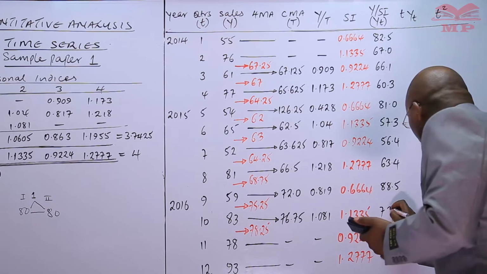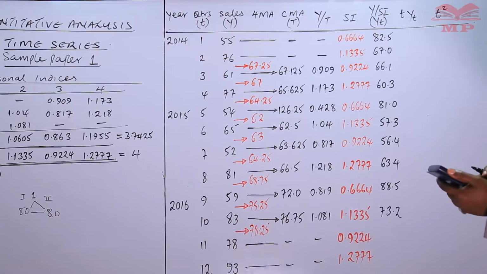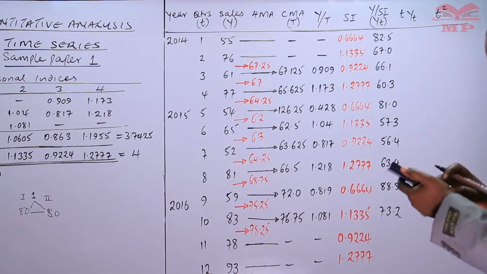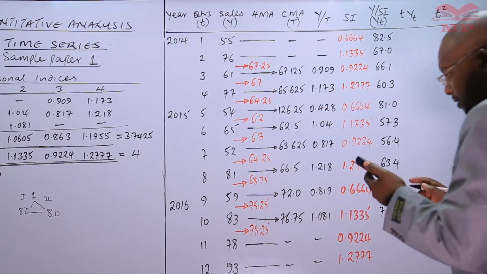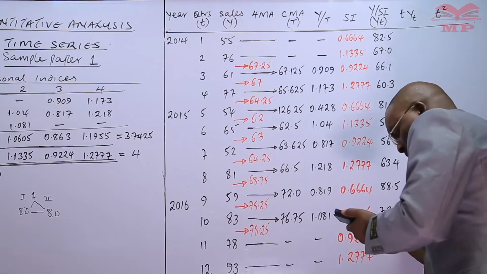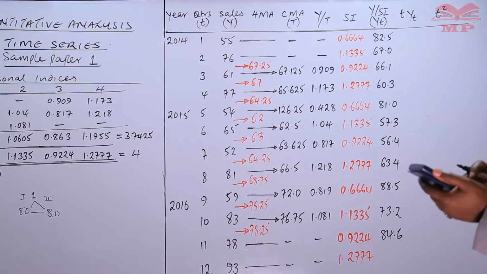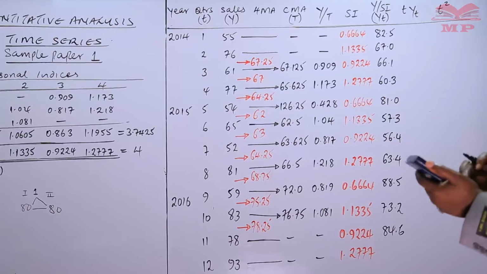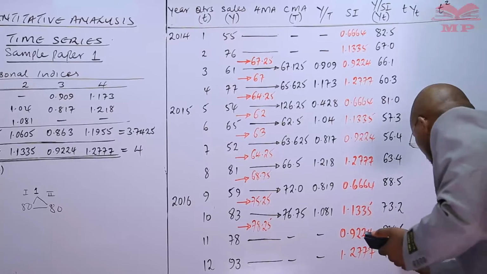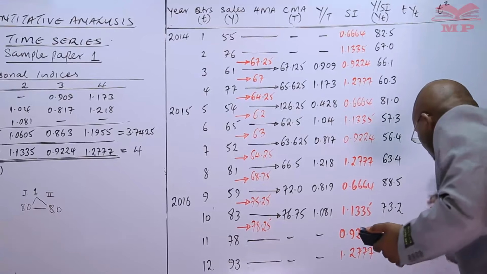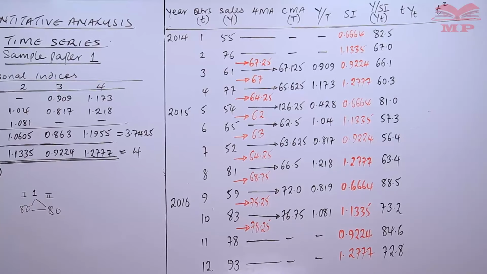This gives us 73.2. 78 divided by 0.9224. This is 84.6. And lastly, 93 divided by 1.2777. This is 72.8. So this is our deseasonalized data that has no effect of the season.